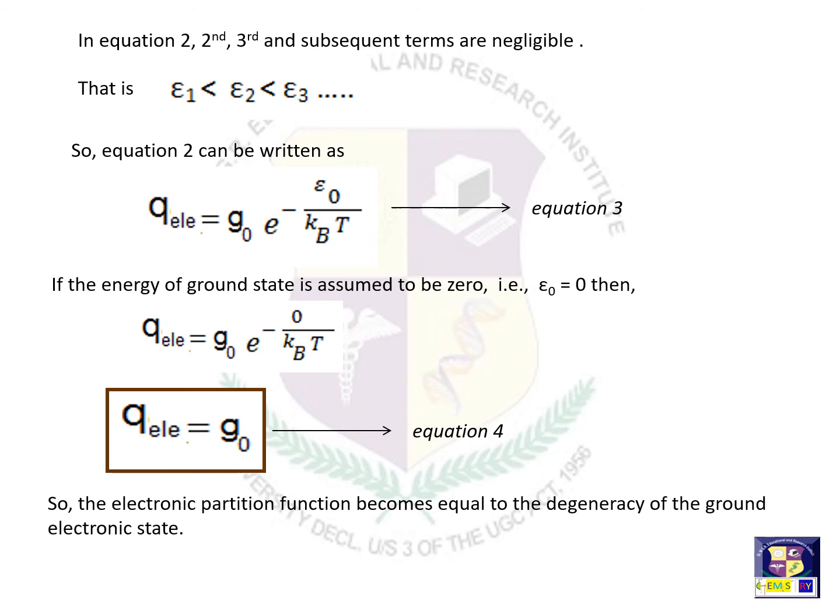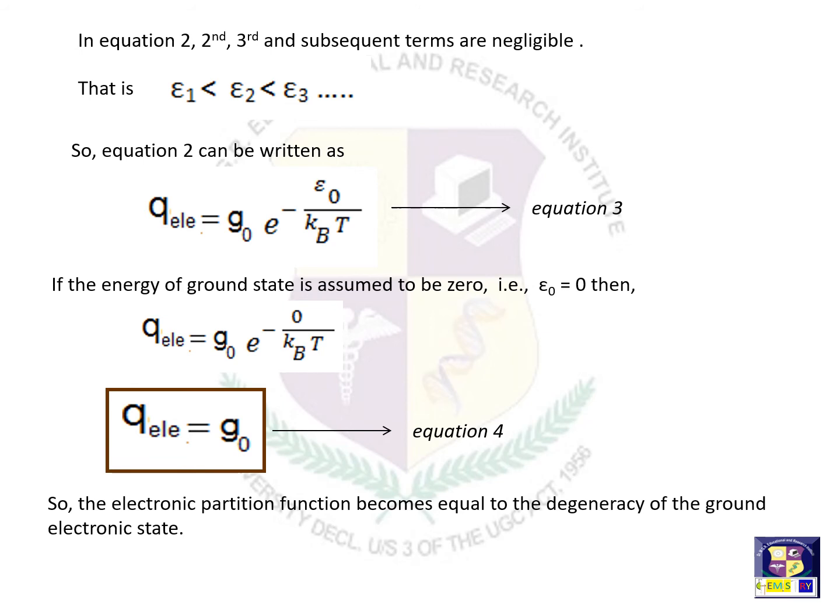If the energy of the ground state is assumed to be 0, that is, epsilon0 is close to 0, so we consider it as epsilon0 equal to 0. Then in equation 3, the above equation becomes Q electronic is equal to g0 exponential power minus 0 by kBT. Anything to the power 0 is 1.